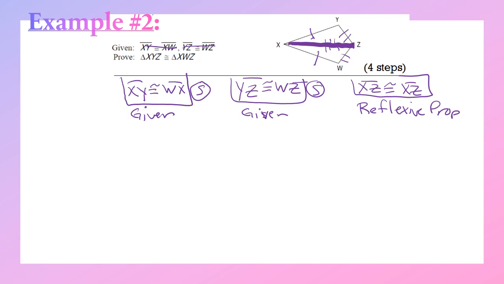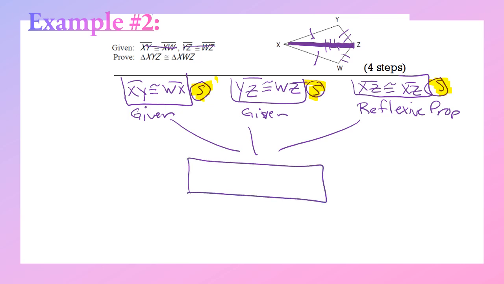And by looking at my triangle, I can look at my three things that I've written. I have a congruent sign here, I have a congruent sign here, and I have a set of congruent sides there. So if I want to combine these three statements, I can write my final congruent statement. And again, whatever you have right here is what you want to put right here.